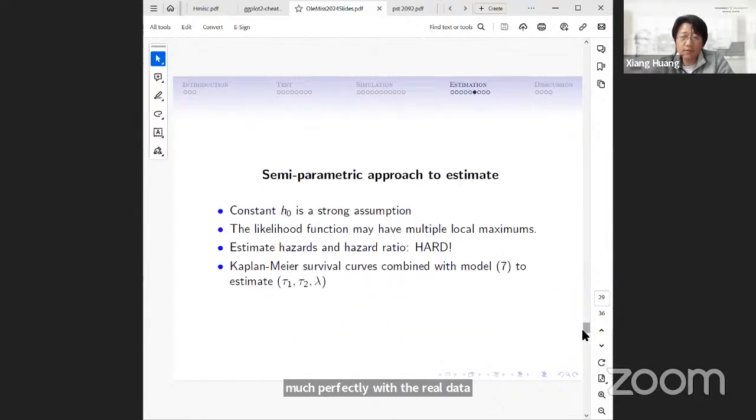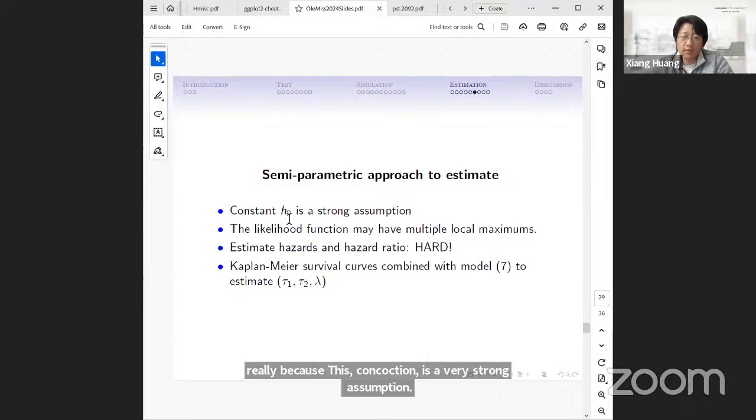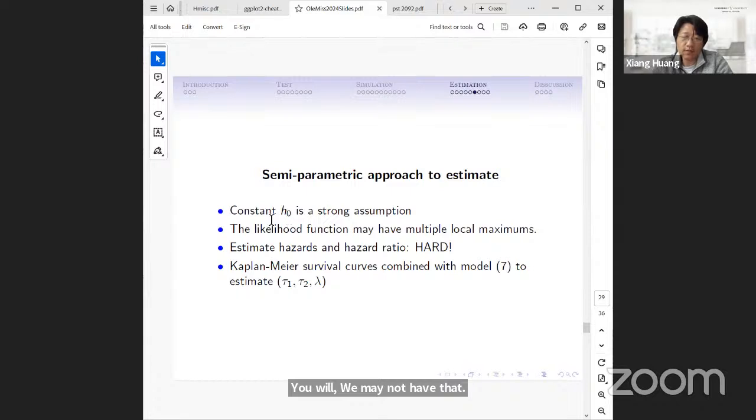The reason is that a constant H naught is a very strong assumption. In a real data set, we may not have that ideal assumption that the control arm has a constant H naught.